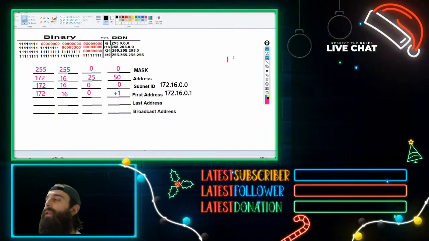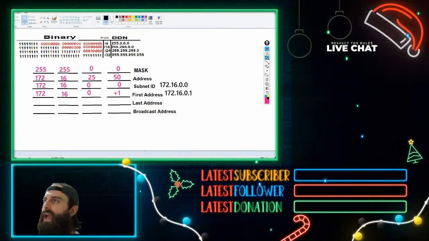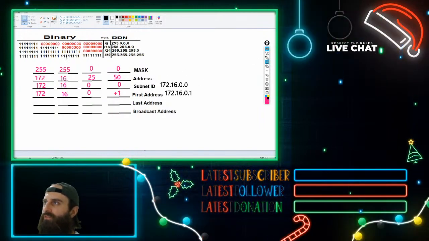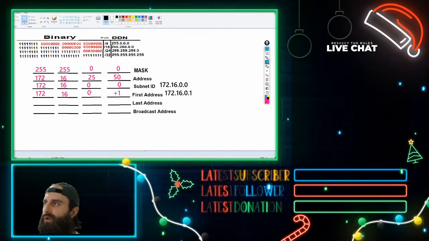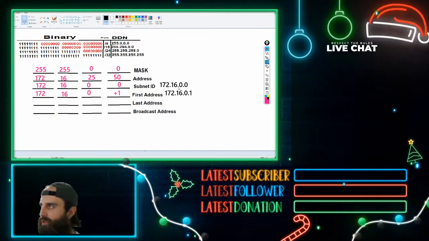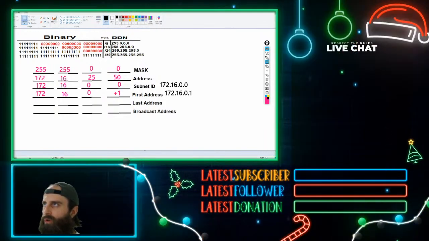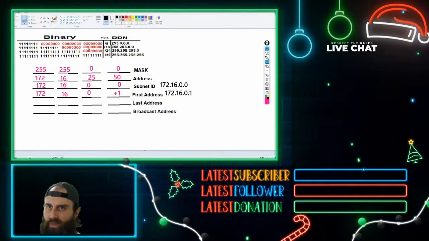Now remember, all we have to do to find that broadcast address is fill the rest of these host bits. So the host bits 0 and 0. Because remember, we're in a /16, so we have the last 2 octets of that subnet mask.